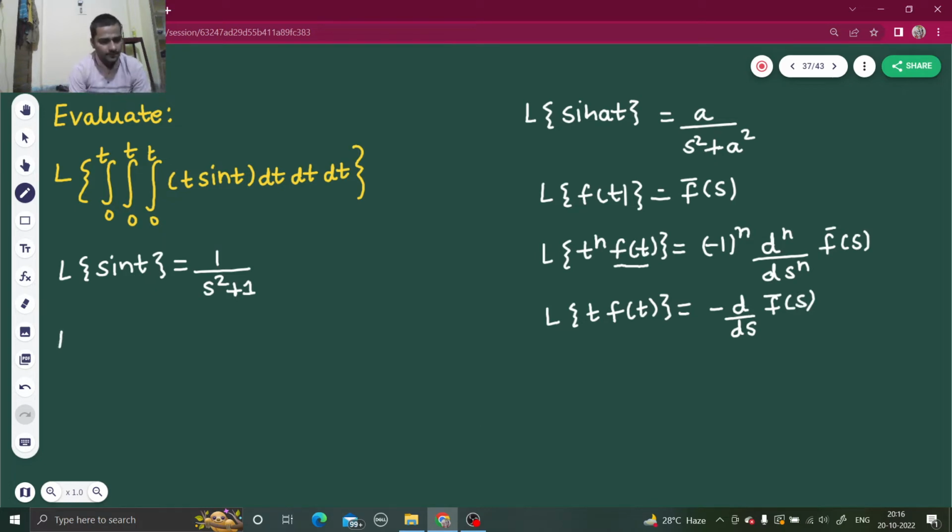Laplace transform of t times f of t, so t power 1 times sine t, will be nothing but minus d by ds of f bar s. F bar s is whatever Laplace transform you obtained for sine t, which you are multiplying by t. That I obtained is 1 upon s square plus 1.